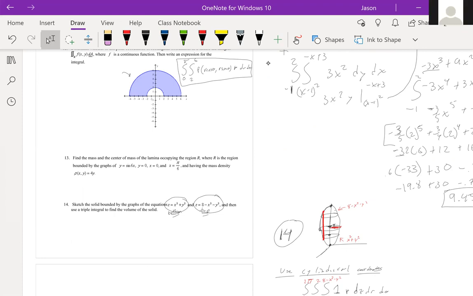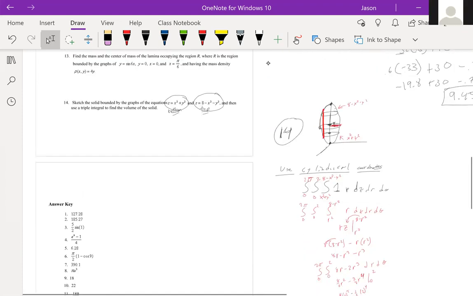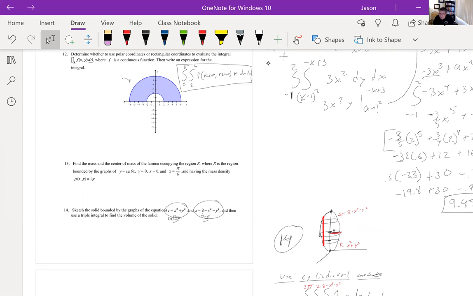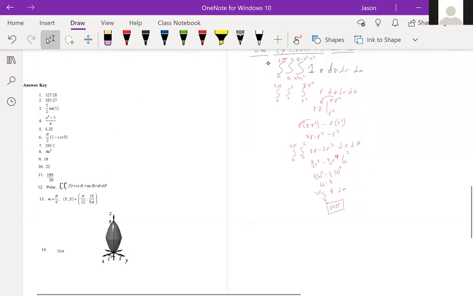Can you scroll up just a little bit? Scroll down or up? Down. Sorry. Okay.